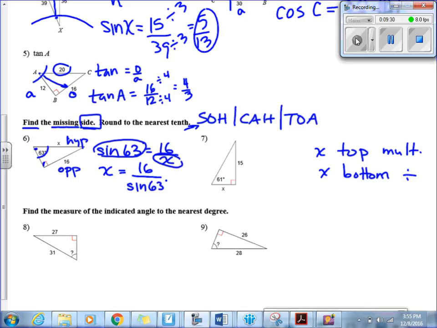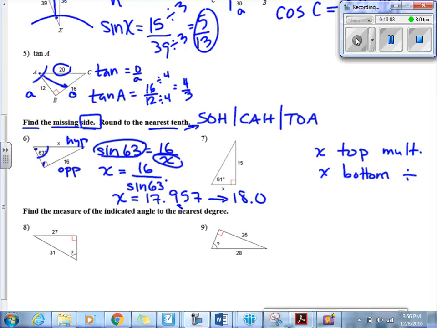Whatever's on top is what gets typed in first, students, okay? 16 divided by the sine of 63 degrees. And it told us to round it to the nearest tenth. That's 1 decimal place to the right of the decimal point. So it goes from 17.957, and that's going to end up rounding up to 18.0, because if I start at the 9, that's one decimal place.